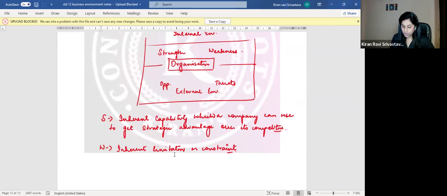If a company is in the technological space, their inherent limitation is the fast changing technology. A company like Realme or, let's say, OnePlus has the constraint that they are in a segment where technology keeps changing.